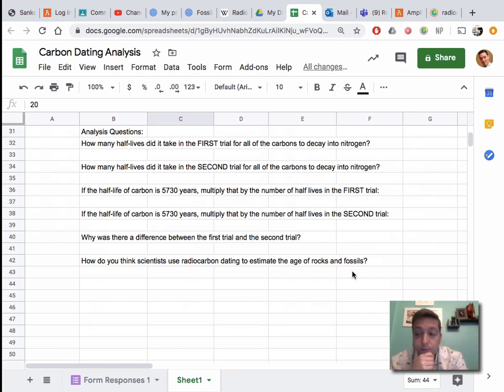The older the fossil, the lower the percent of carbon-14 will be in it. So you're looking at where it is on the curve. Is it near the beginning of the curve? Is it near the end of that graph curve? Does it have 50% of its carbon? Does it have 2.7% of its carbon? Basically, the lower the percent of carbon-14 that it has, the older the fossil.